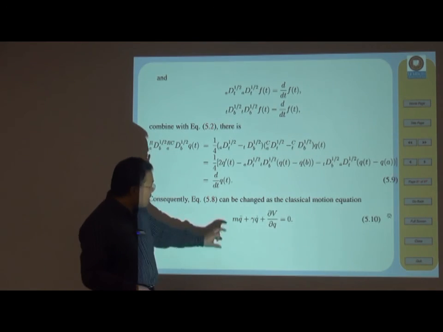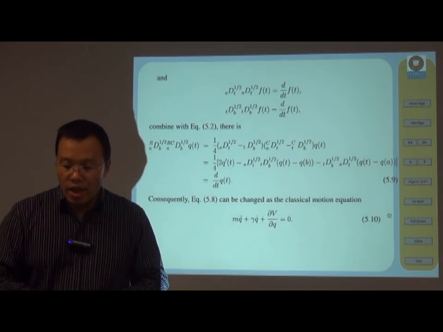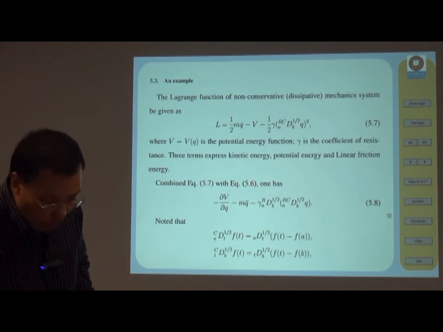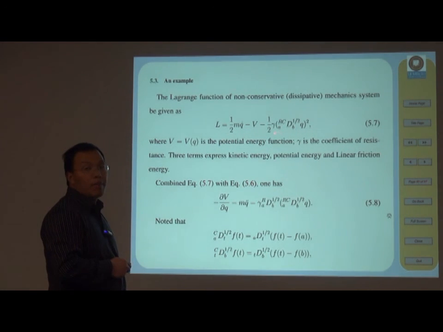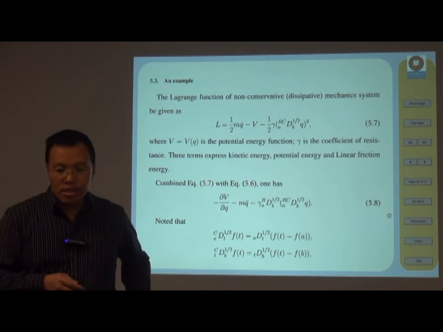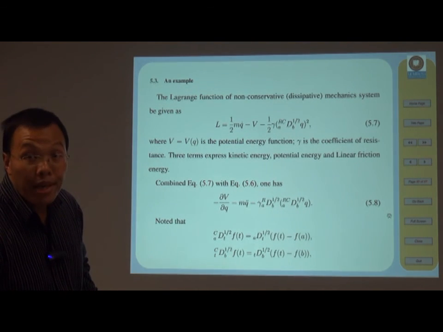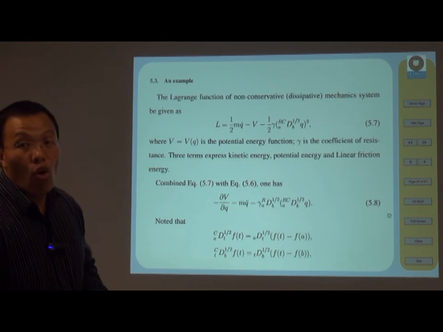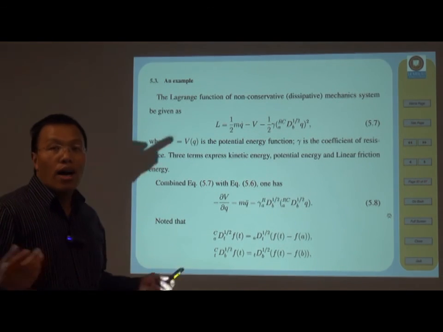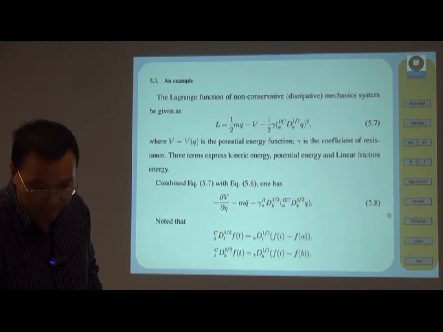This equation is the Euler-Lagrange equation of the functional. It means that dissipative mechanical systems can be derived by variational principles. So the dark cloud is solved.